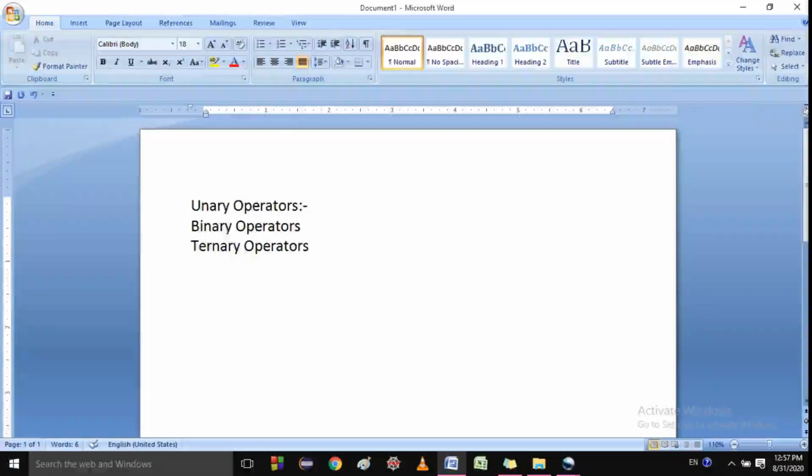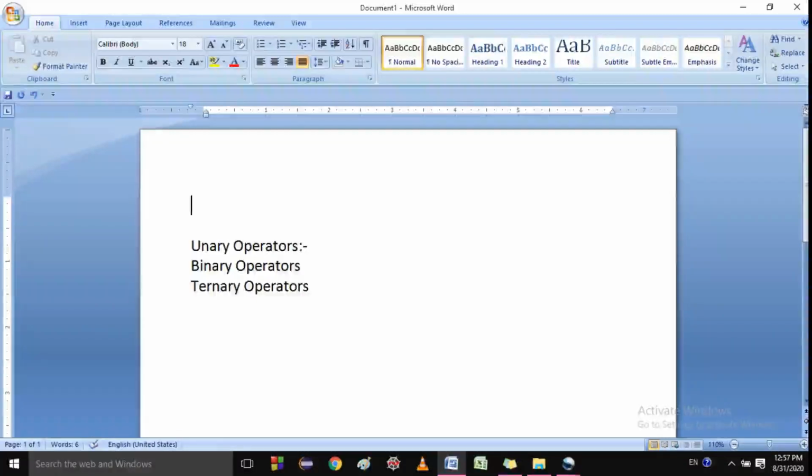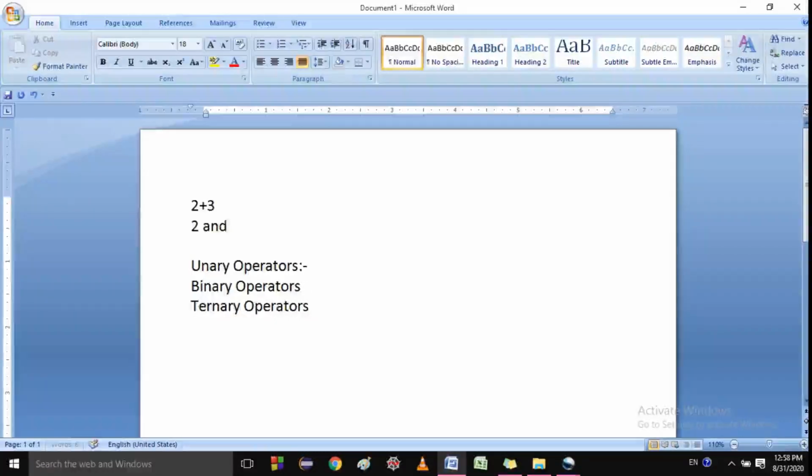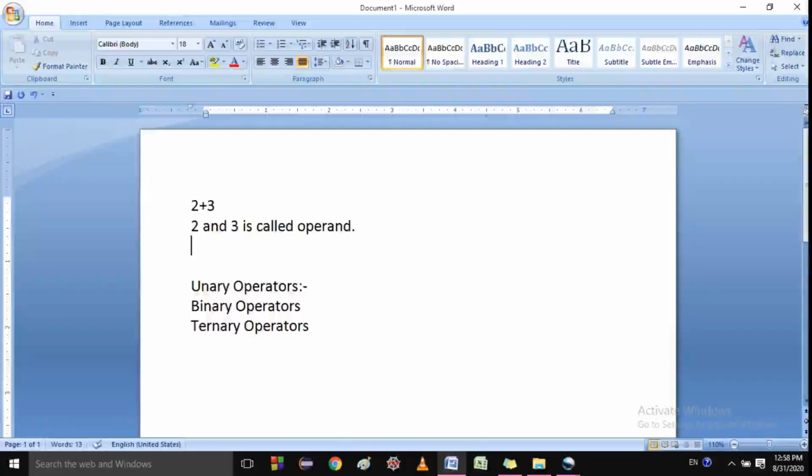Before describing these terms, we should know about operand and operator. Suppose you are adding 2 plus 3. This 2 and 3 are called operands, and the plus is called the operator.